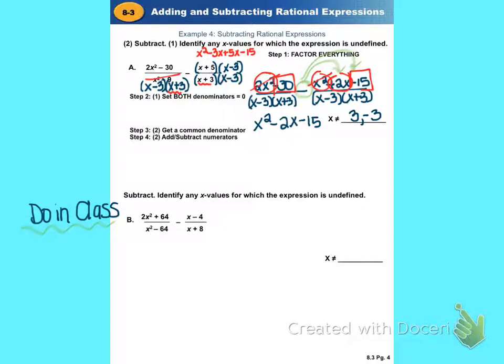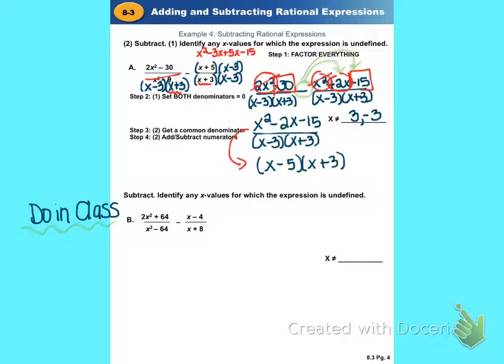So now I've got my numerator all in place. My denominator is x minus 3, x plus 3. And again, it's not a bad idea to think about whether I can reduce this. So I want to take that numerator and see if I can factor it. I'm going to rewrite it in factored form, if it's possible, and I think it is. I'm looking for factors of negative 15 that multiply to negative 15 that add to negative 2, and right away I think of negative 5 and positive 3.